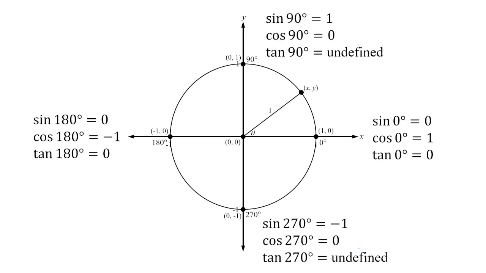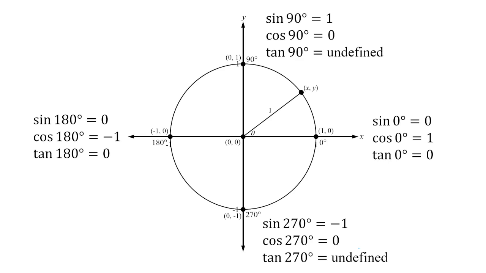But now, suppose that the measure of the angle is exactly 0 degrees, 90 degrees, 180 degrees, or 270. Well, according to the coordinates of the points, you see sine of 90 and cosine of 90. Remember, cosine is x and sine is y.